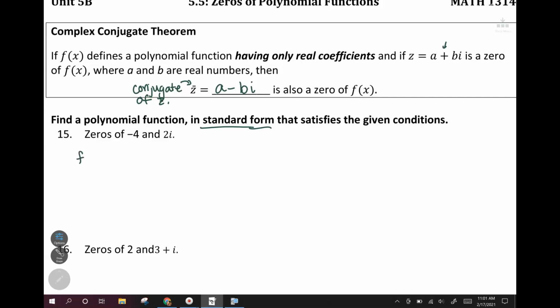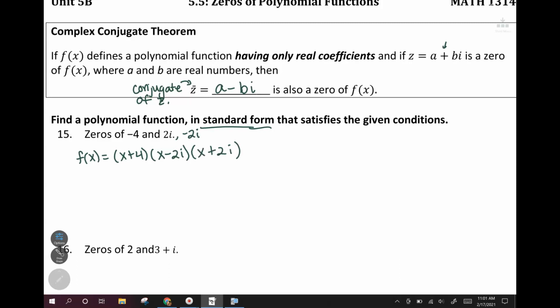We're going to put that back into factored form. So that's going to be x plus 4, x minus 2i. Now if 2i is a zero, then we also know that -2i is a zero. That's the conjugate of 2i. So then I have x plus 2i.